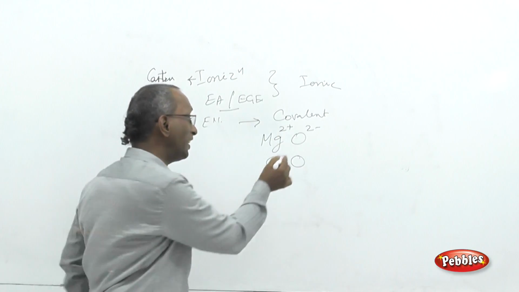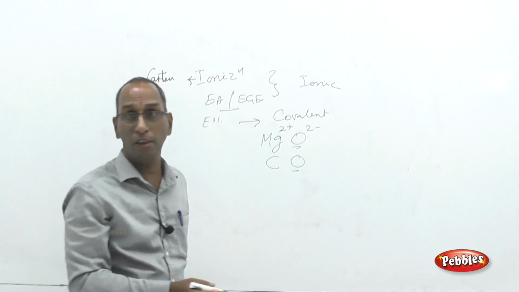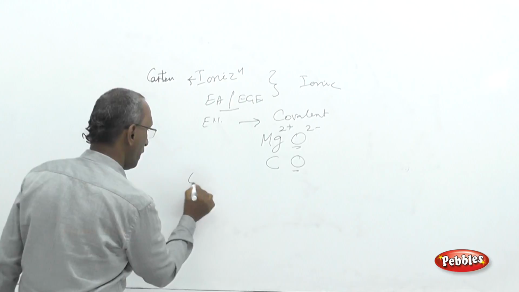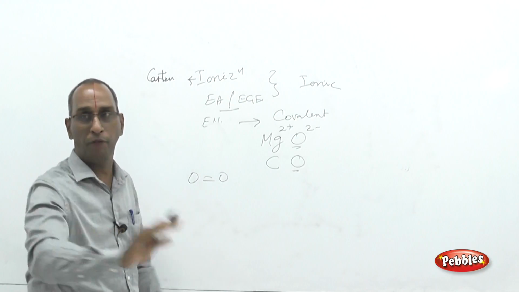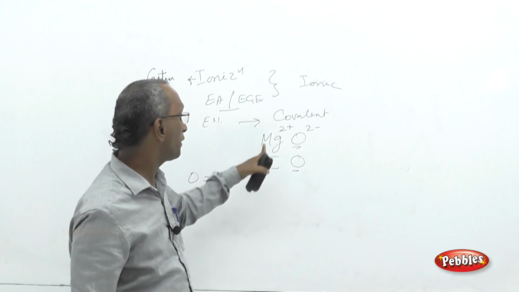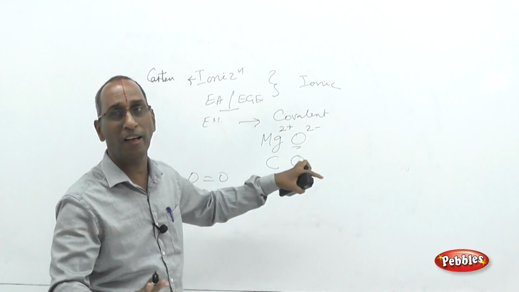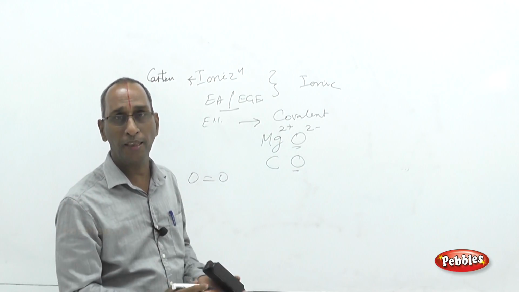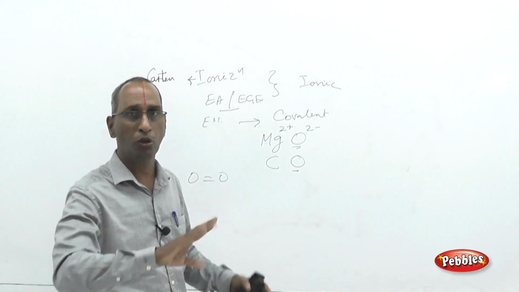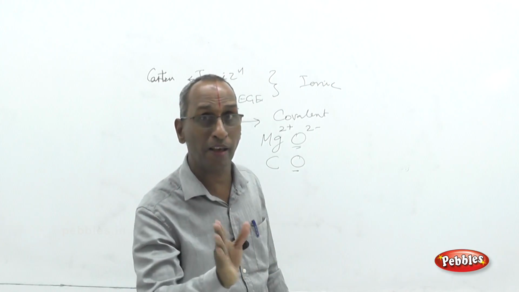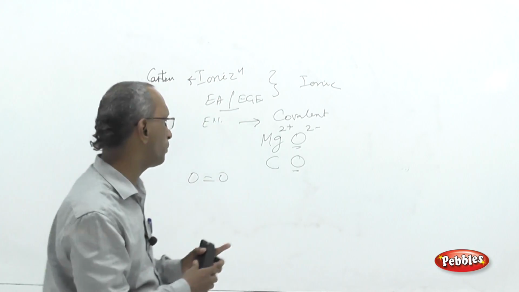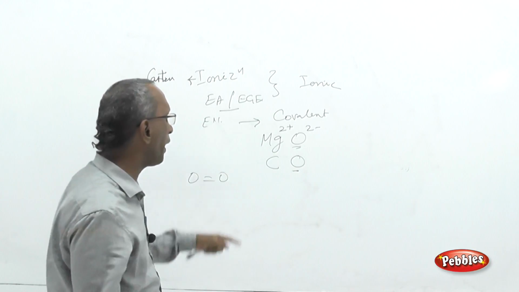So it depends upon the environment. Oxygen with oxygen is equally powerful, so it forms a covalent bond. In the presence of magnesium, magnesium has a tendency to lose electrons and oxygen has a tendency to gain electrons. So there is a transfer of electrons between magnesium and oxygen, forming magnesium oxide, an ionic compound.